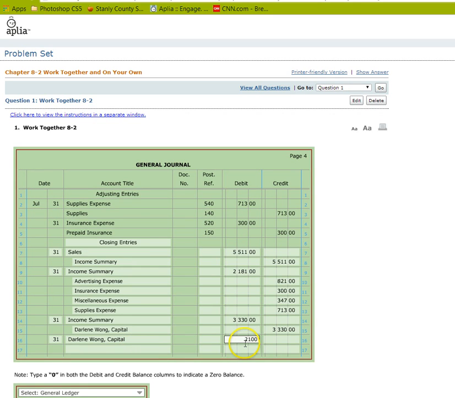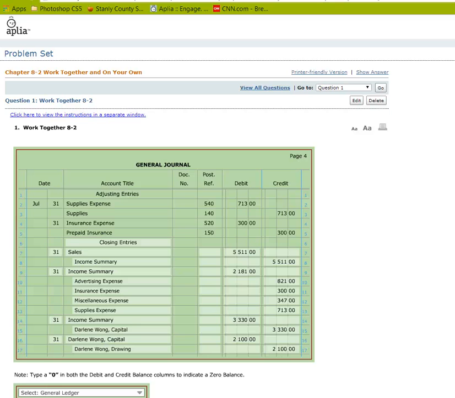And debit will reduce capital. Net income increased capital, but all the withdrawals that they made reduce that account. So then we have to close Darlene Wong drawing with a credit. Alright? So that is our journal entries.